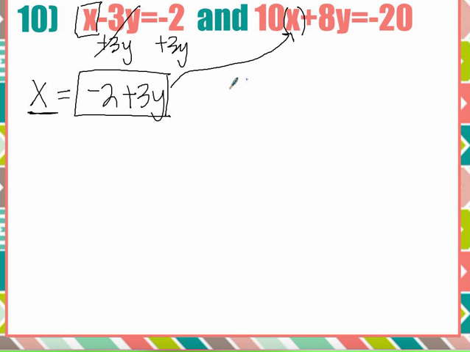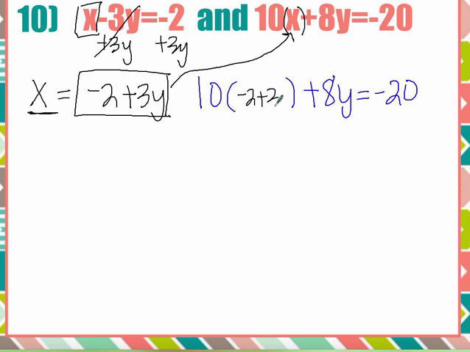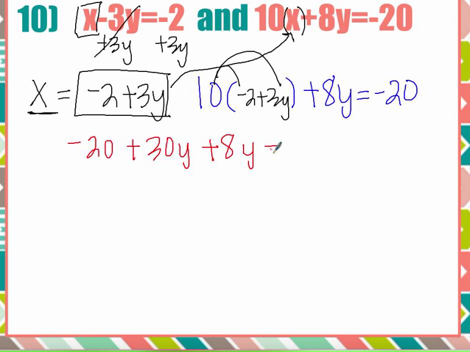And so we've got 10 times x plus 8y equals negative 20. We found out that x is equal to negative 2 plus 3y. Distribute our 10. And so that's going to give us negative 20 plus 30y plus 8y equals negative 20.